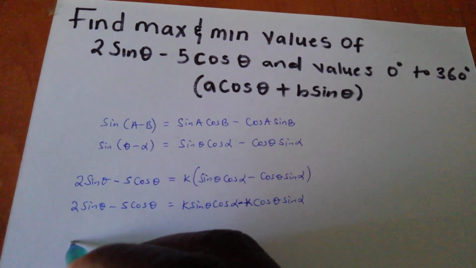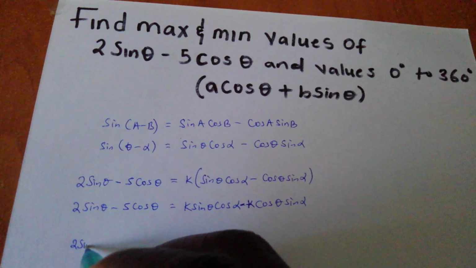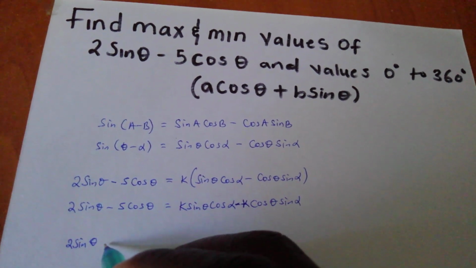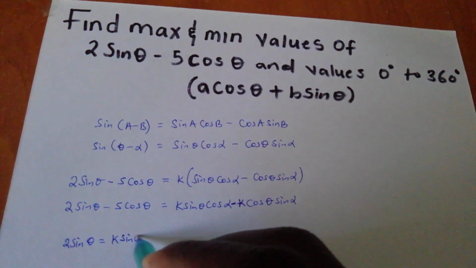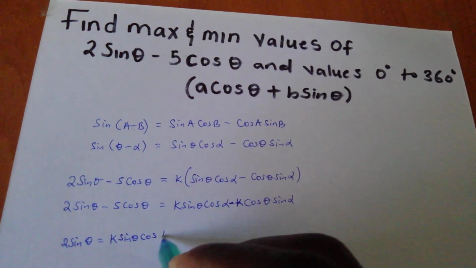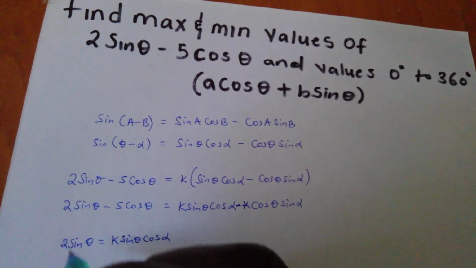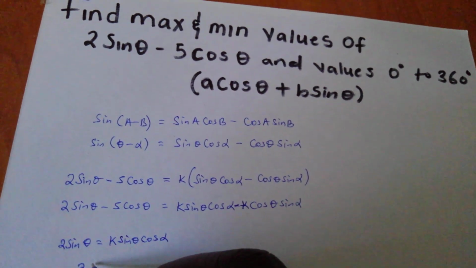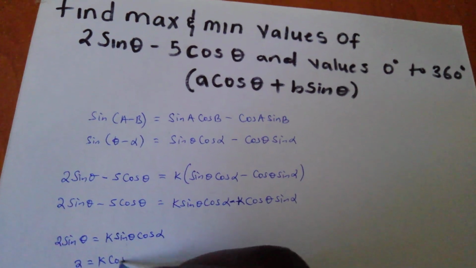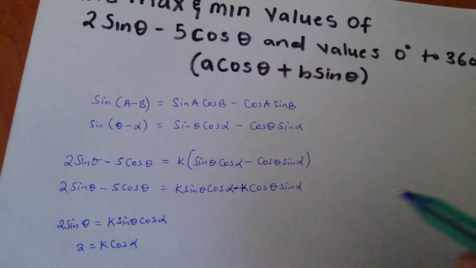So I will have 2 sine theta equal to k sine theta cos alpha, of which I'll be able to get 2 equals k cos alpha.